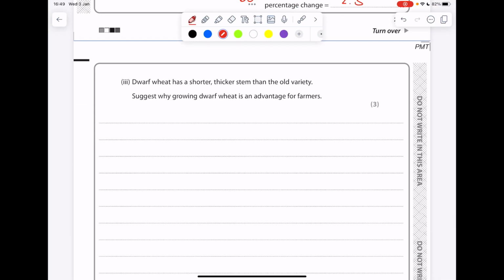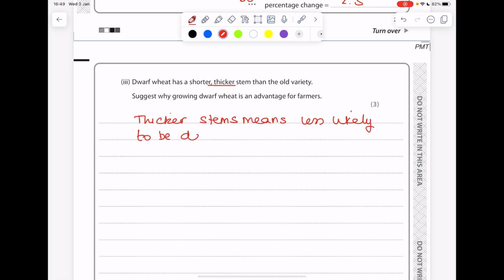Dwarf wheat has a shorter, thicker stem than the old variety. Suggest why growing dwarf wheat is an advantage for farmers. So thicker stems mean less likely to be damaged by strong winds. So there's 1 mark.